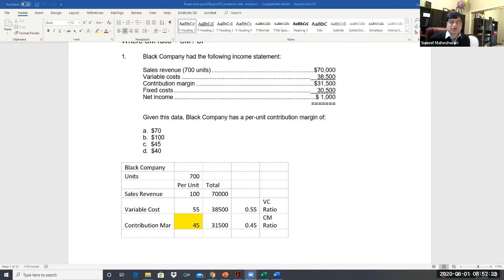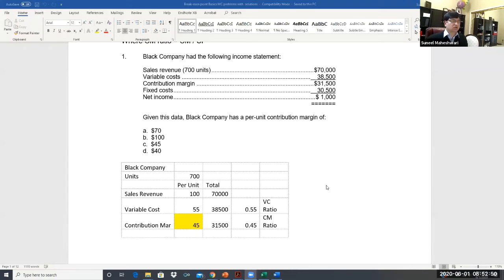Okay, so are we done with number 1, please? Any questions on number 1? So this is just a unit contribution margin.